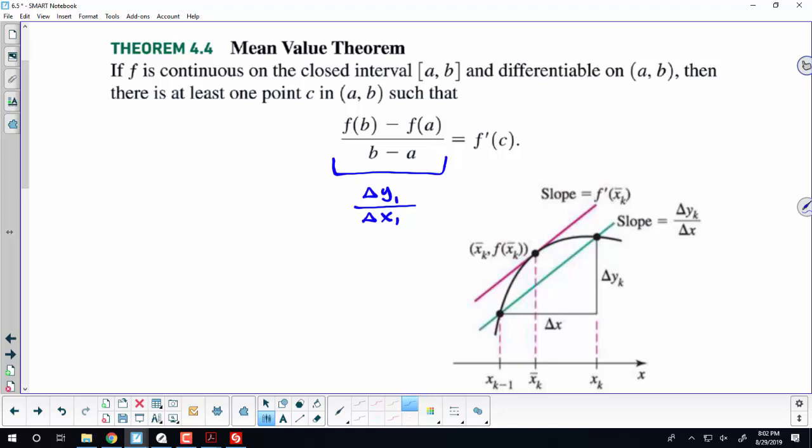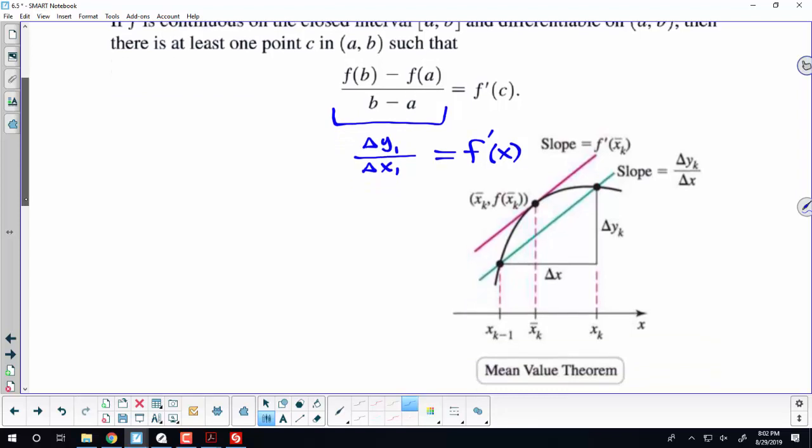Okay, so we could write this. We're just going to use x instead of c. That's no big deal. There's sort of a visual validation of that as well.